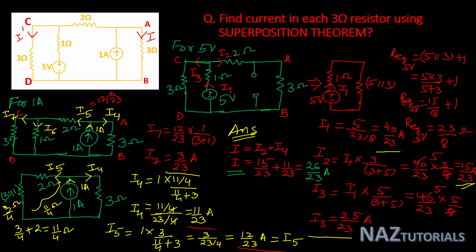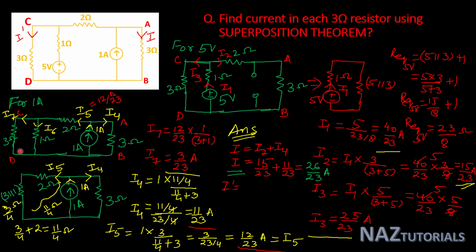Now calculate the current I dash, current in branch CD. So the current in branch CD, that is current I dash, is equal to, for the 5-volt voltage source, its branch current is I3, that is in CD I dash direction, and other branch current is I7 for 1 ampere, that is also in same direction.